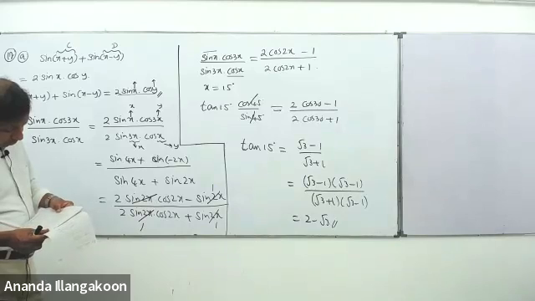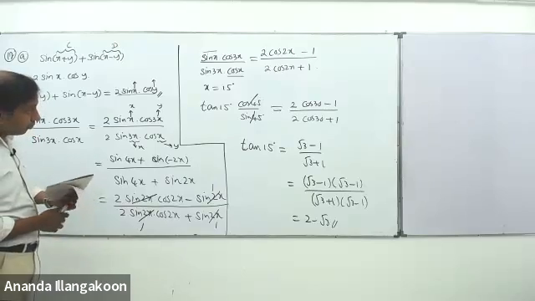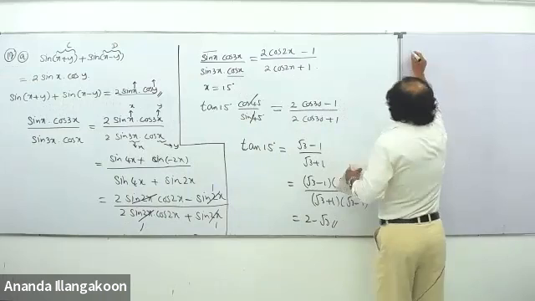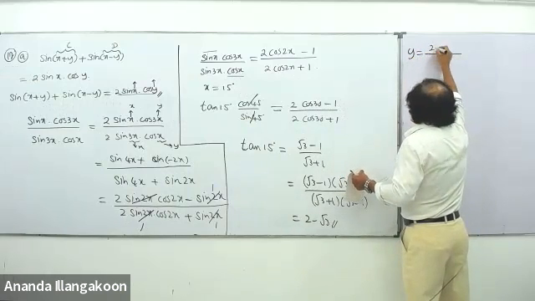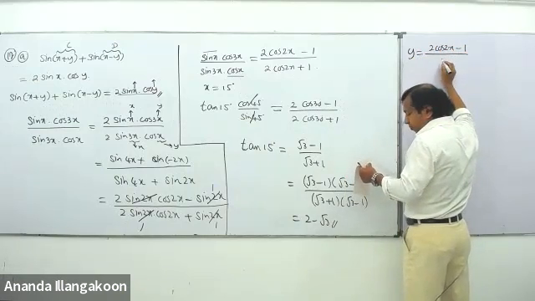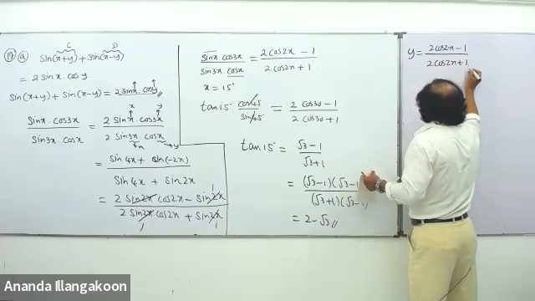Further, it is given that y equals this. We are given y equals 2 cos 2x minus 1 over 2 cos 2x plus 1.